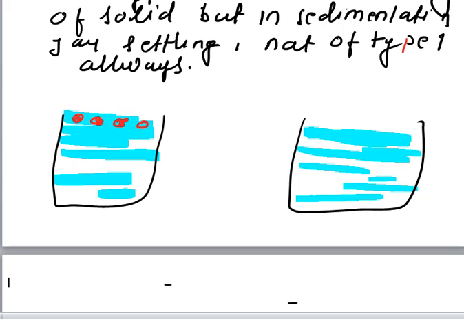If settling is such that they settle individually, with no collision between individual particles, then this is type 1, or discrete. They settle of their own. Okay, this is type 1.